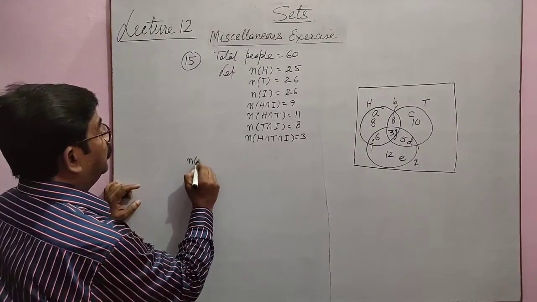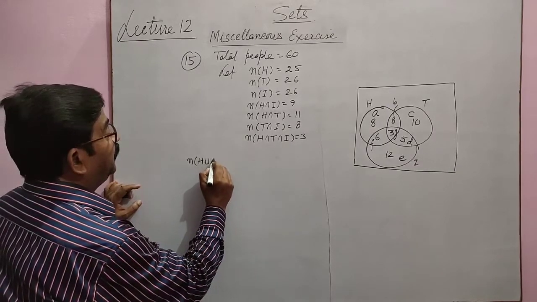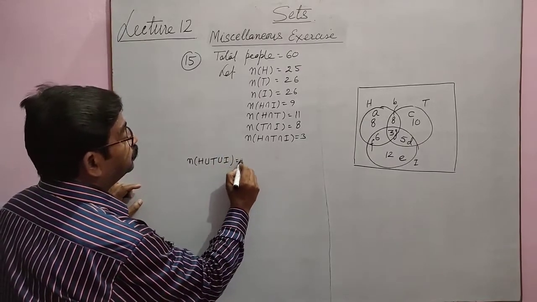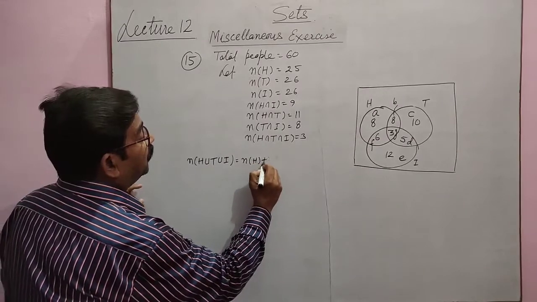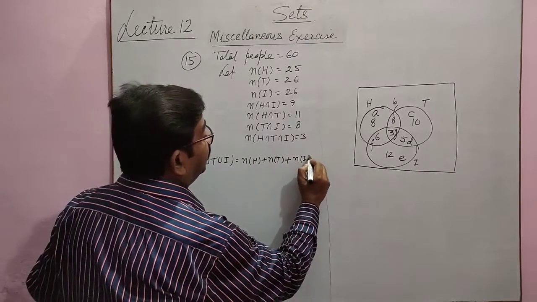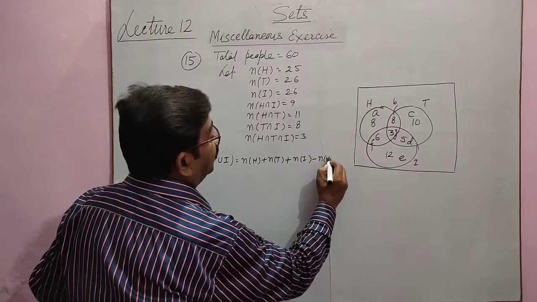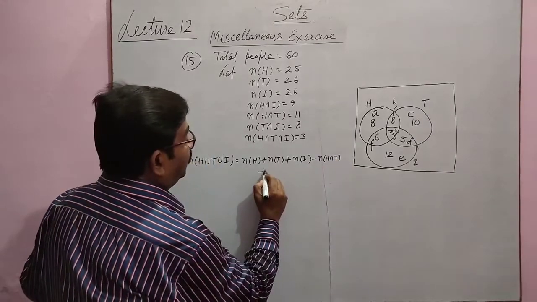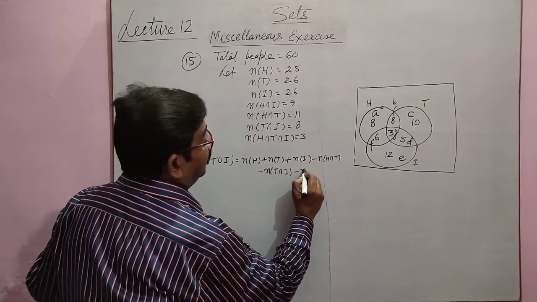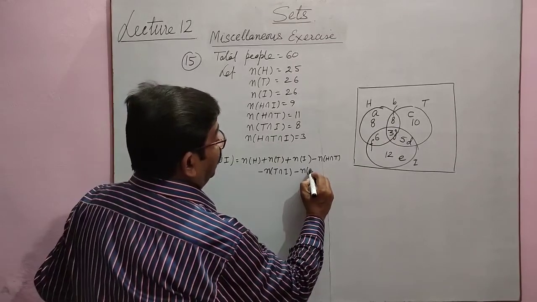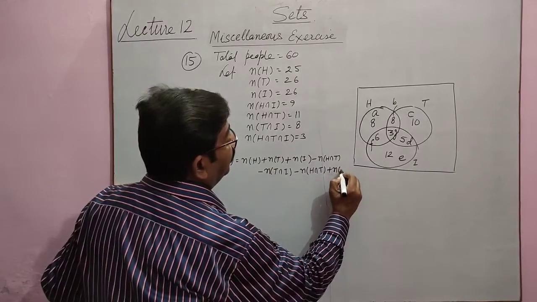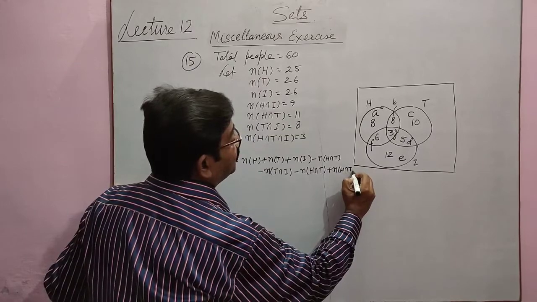See, n(H union T union I) is equal to n(H) plus n(T) plus n(I) minus n(H intersection T) minus n(T intersection I) minus n(H intersection I) plus n(H intersection T intersection I).